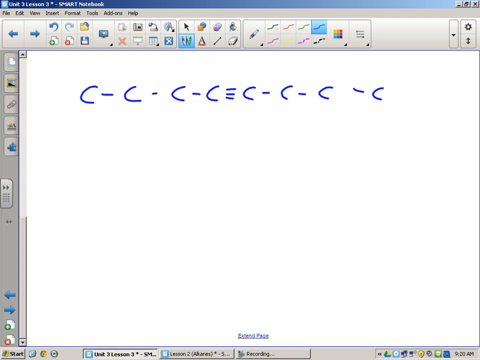Okay. For oct-4-yne, 3 has an ethyl. I started here to number those, so I probably should start here again. 1, 2, 3 has an ethyl. And 6 has a methyl, so that was 4, 5, 6 has a methyl, like so.